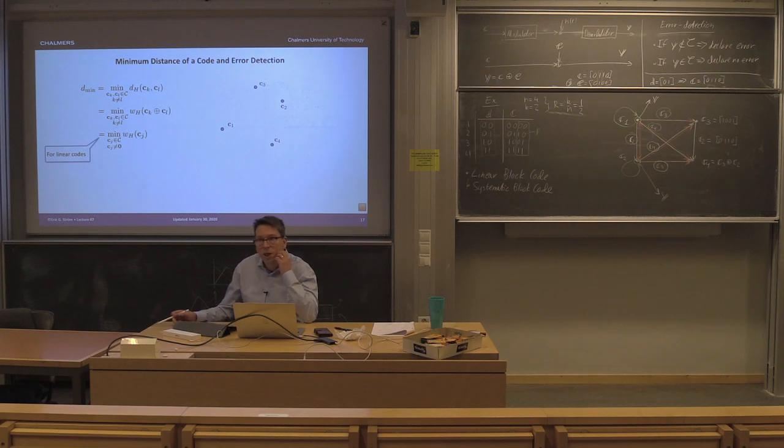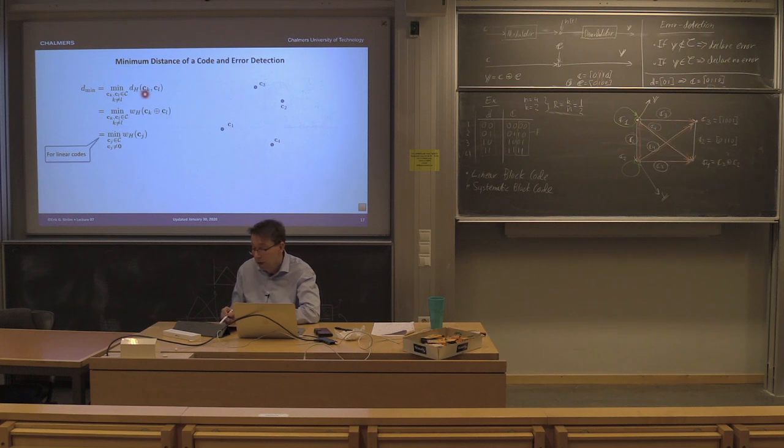Okay, so the minimum distance of a code is an important parameter, and let me try to explain why this is the case. The minimum distance of a code is that we take 2 code words and compute the distance between them. Then we search among all pairs, and we take the smallest distance between two distinct vectors, and that's our minimum distance. So we search over all pairs c_k and c_l in the code, k not equal to l, and find the minimum distance, which is also the minimum of the Hamming weight of c_k plus c_l.